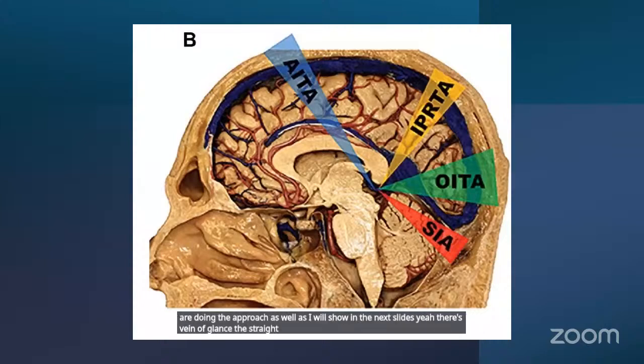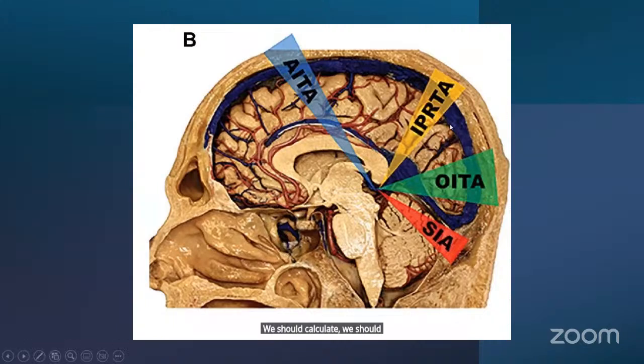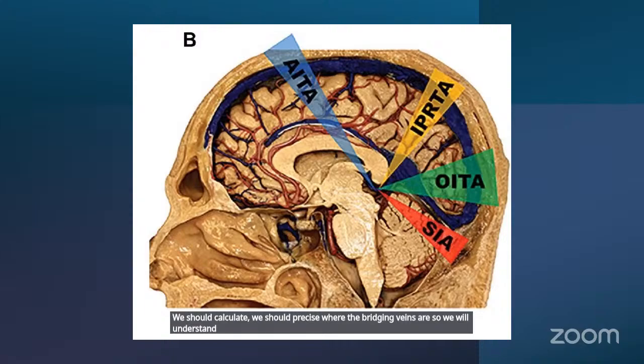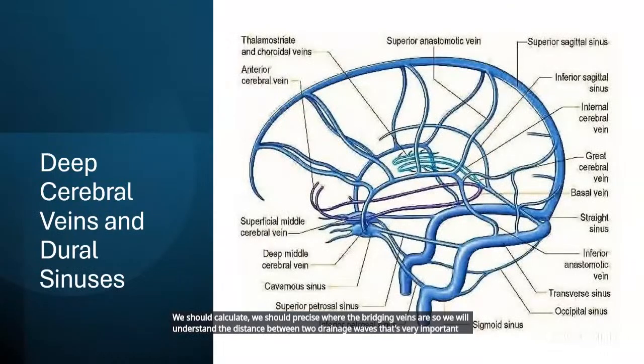We know where they are. But during the planning, we should precisely identify where the bridging veins are, so we understand the distance between two drainage veins. That's very important. And then we will go to the deep cerebral veins and dural sinuses.